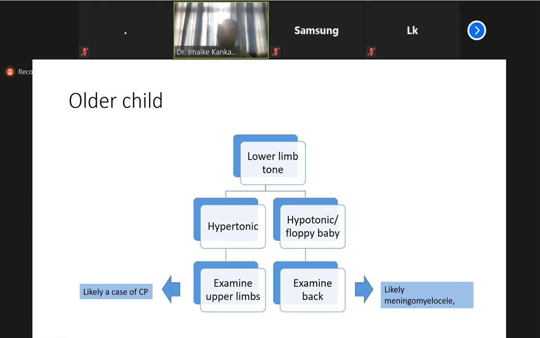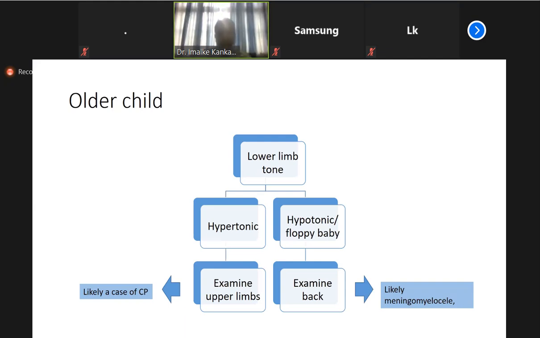So in an older child, if hypertonia is there in the lower limb tone, it could be due to dystonia or spasticity. The most important thing is the upper limb. So this is likely a case of cerebral palsy.